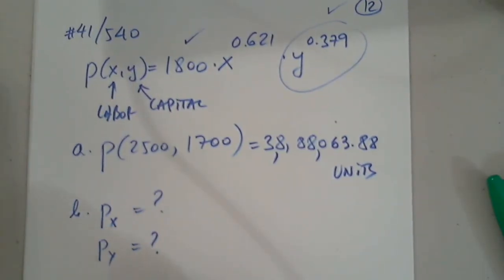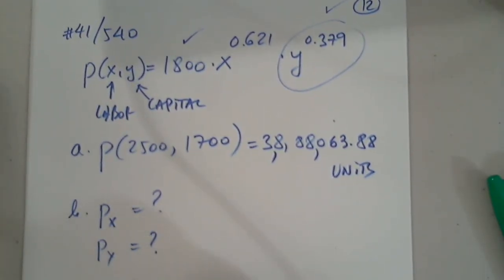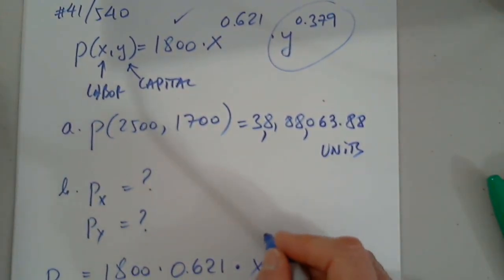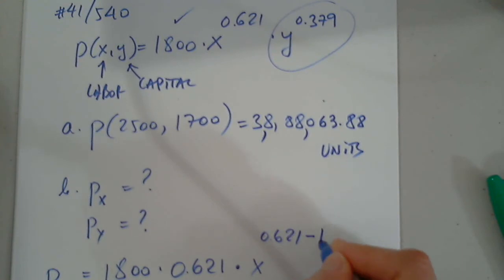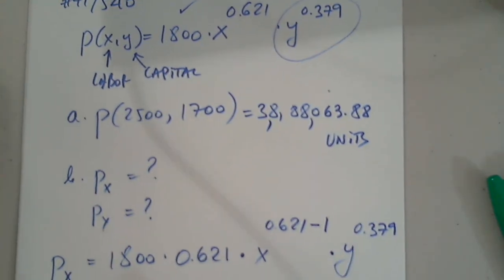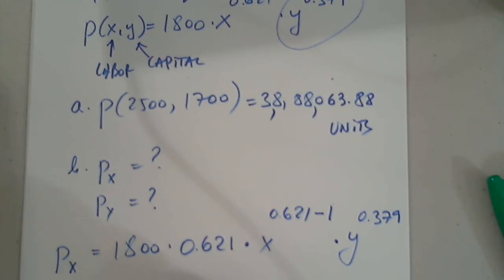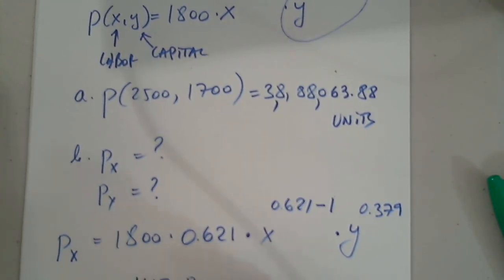So 1800 times 0.621 times X to the 0.621 minus 1 and times Y to the 0.379. So I'll multiply these two. 1800 times 0.621 is 1117.8.